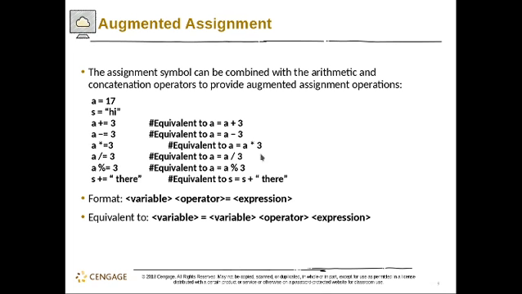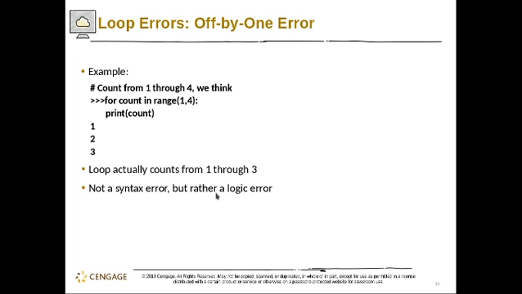Or multiplication: a multiply equals 3. This is for division, and this is for the remainder. And then this is s plus equals there. So basically, these are just some augmented operations.